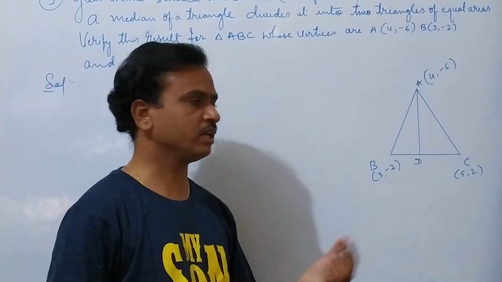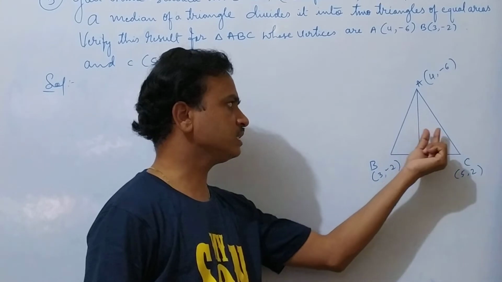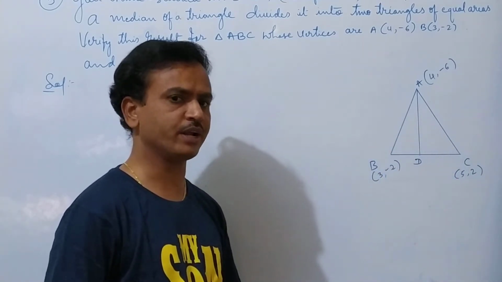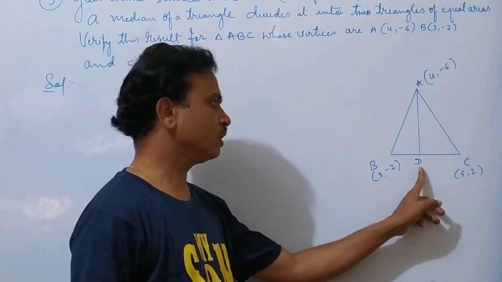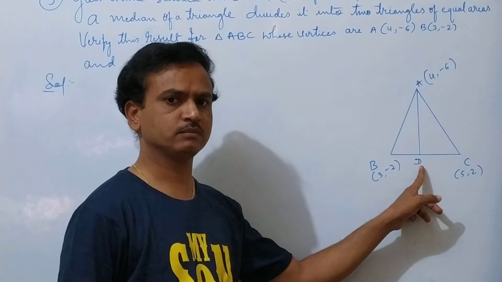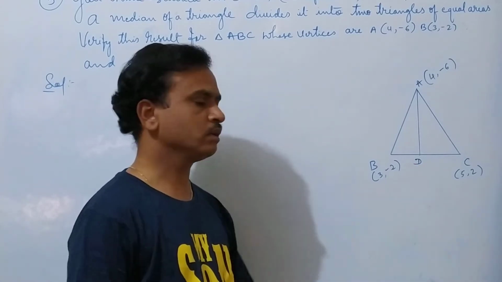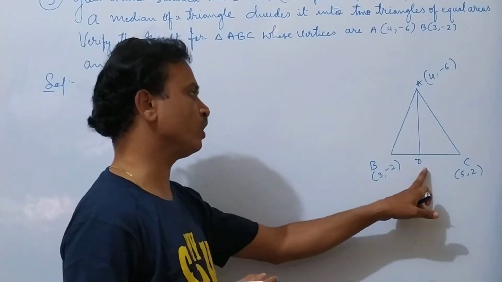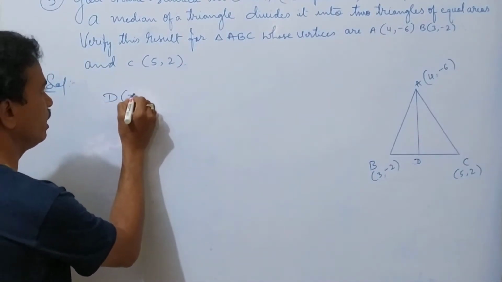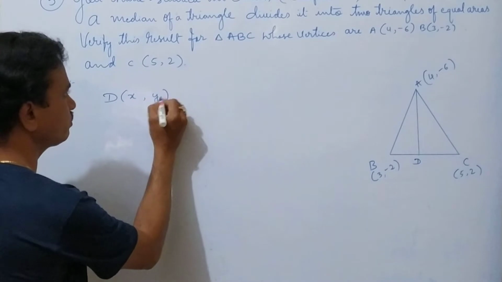Now what should we do? We should verify whether these two triangles' areas are equal or not. So first we should find the coordinates of point D. How to find them? Let us take D as (x, y).